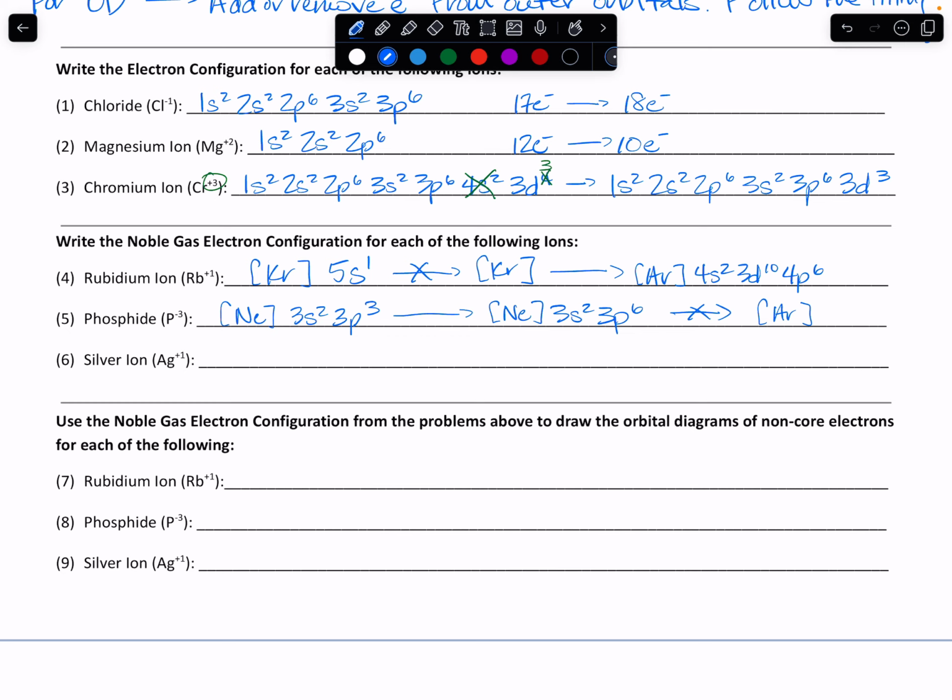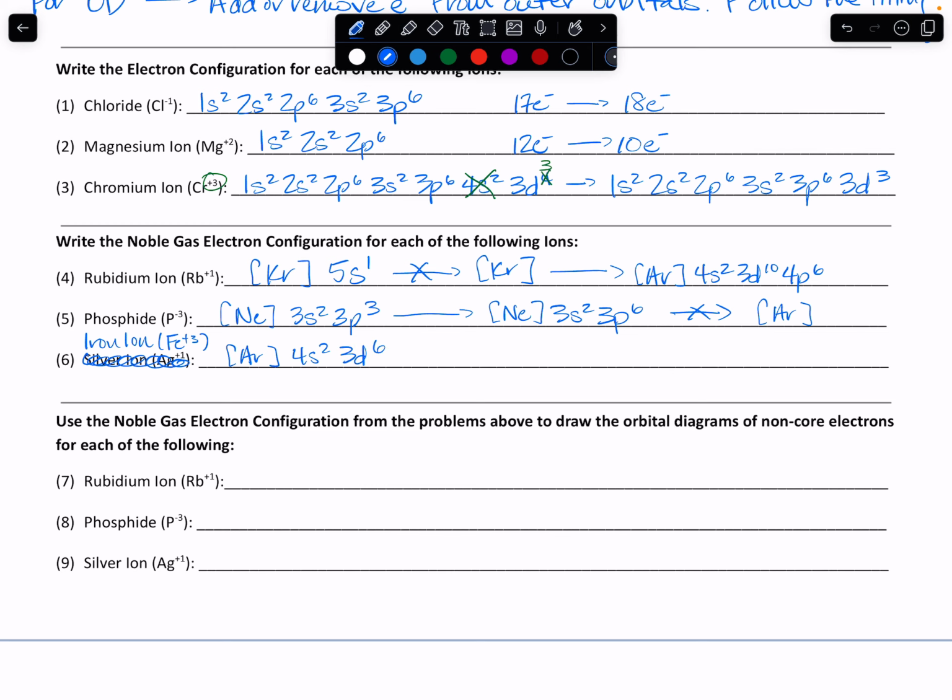Now we're not going to do the silver ion. I know it says silver, but instead we're going to do iron, and we'll do the +2. Well, let's do the +3. So Fe +3. So we look for iron. Where are you, iron? There you are. So argon, and then for the row, it's going to be 4s2 and then 3d, 1, 2, 3, 4, 5, 6.